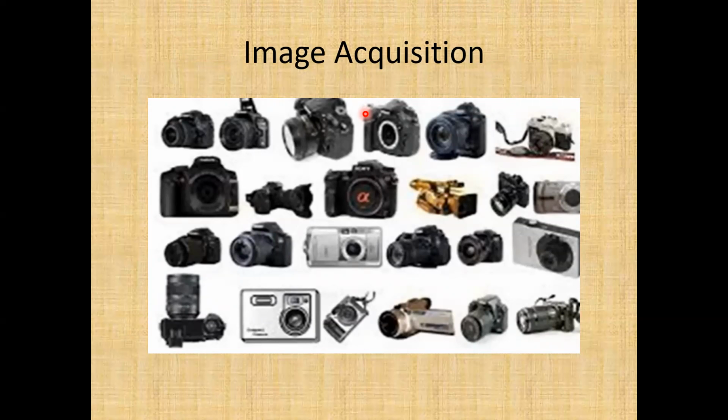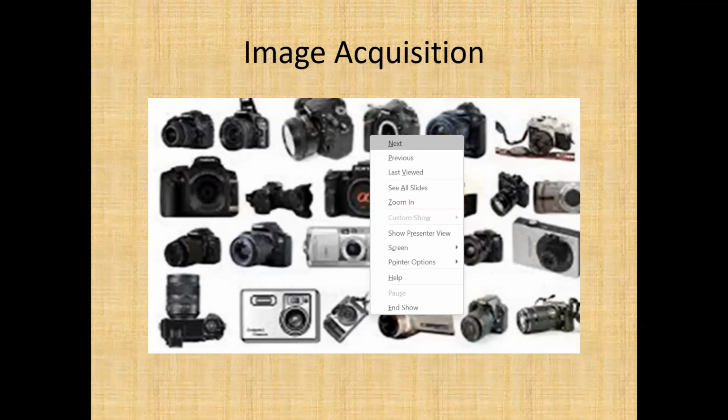Likewise, based on the images that we are going to process, different types of sensors and cameras will be used as image acquisition devices. Once the images are acquired, they will be converted into digital form with the help of a digitizer. This is image acquisition.